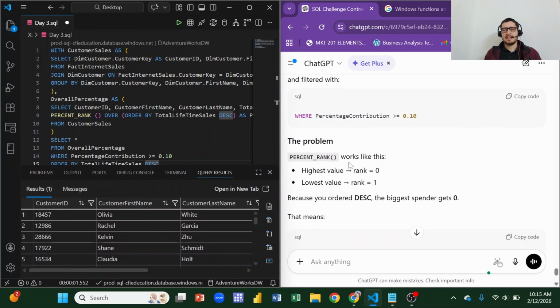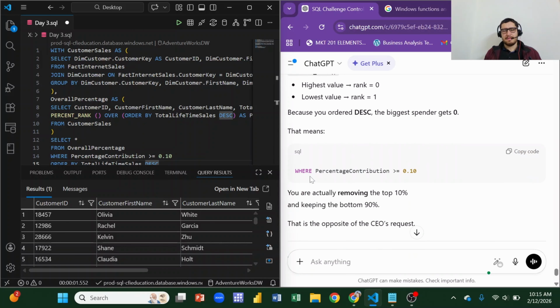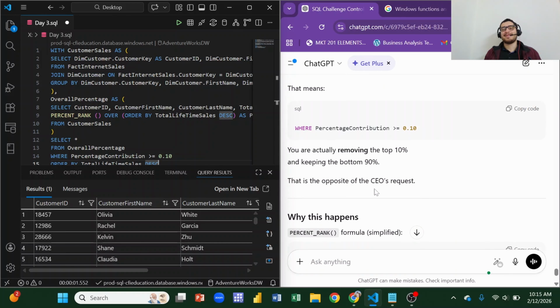The problem is that percent rank works like this: highest value 0, lowest value 1. Because you order descending, the biggest spender gets 0. That means you are actually removing the top 10% and keeping the bottom 90%. That is the opposite of the CEO's request.